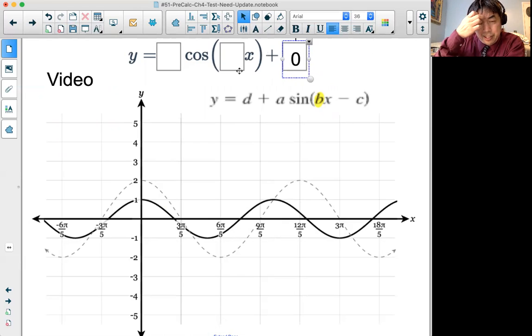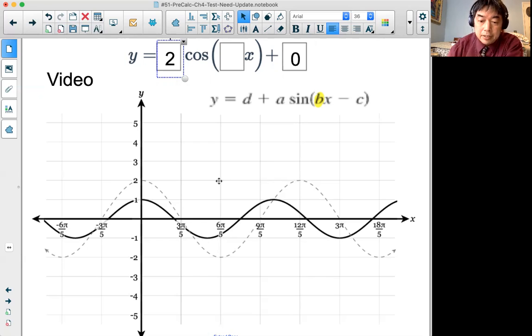Okay, now what do you have to do? It's 2 up and -2 down, so it must be 2 goes here. Okay, now let's do the same thing about 1 cycle from 0 to 5 pi over 2, right?